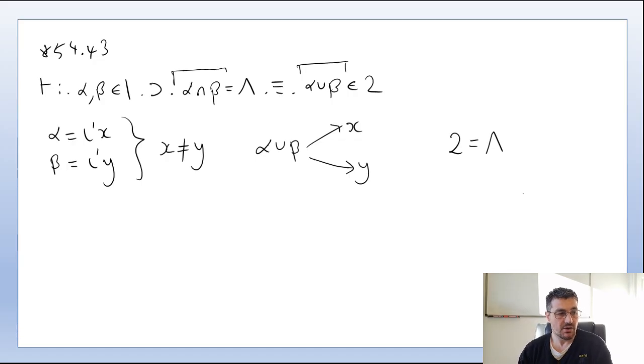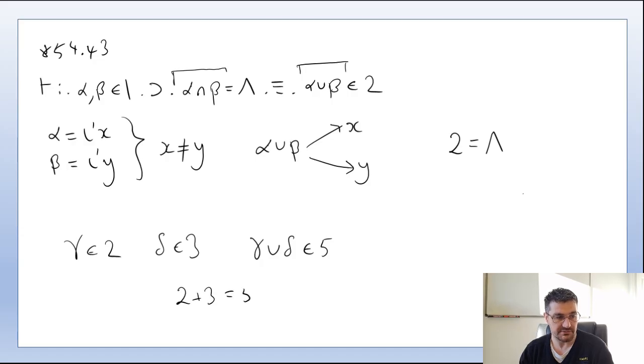So maybe what we could do is have gamma, which is a member of the class 2, and delta, which is a member of the class 3, and we can jam these 2 classes together, and we get the logical sum of gamma and delta, and this will be a member of 5. We might see this as representing somehow 2 plus 3 is equal to 5.